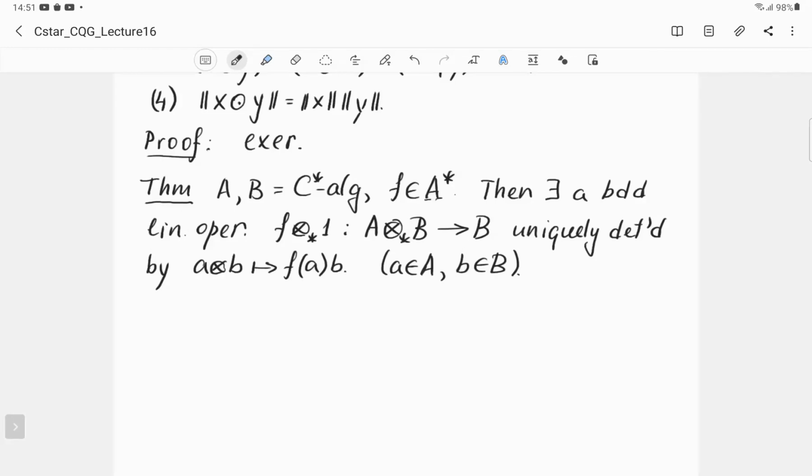This result is, in fact, a classical result due to Takesaki. But the proof I'm going to tell you is not entirely standard. It's relatively new, and it is due to Pirkovskii.